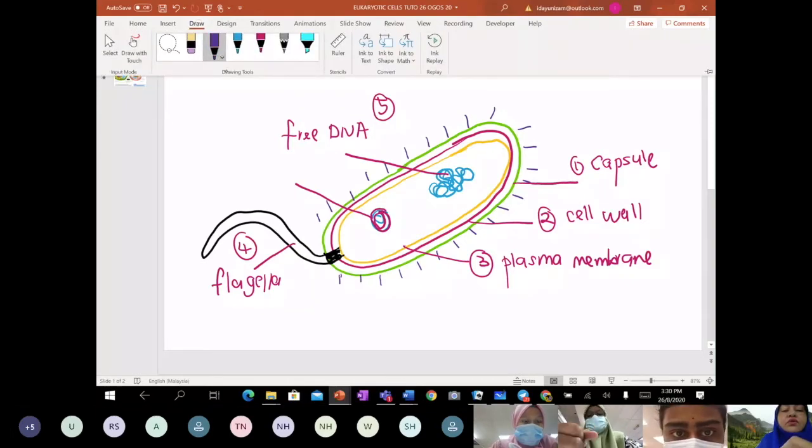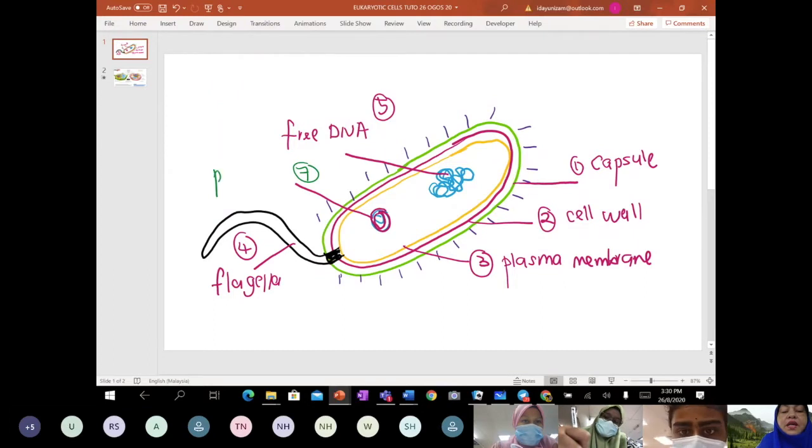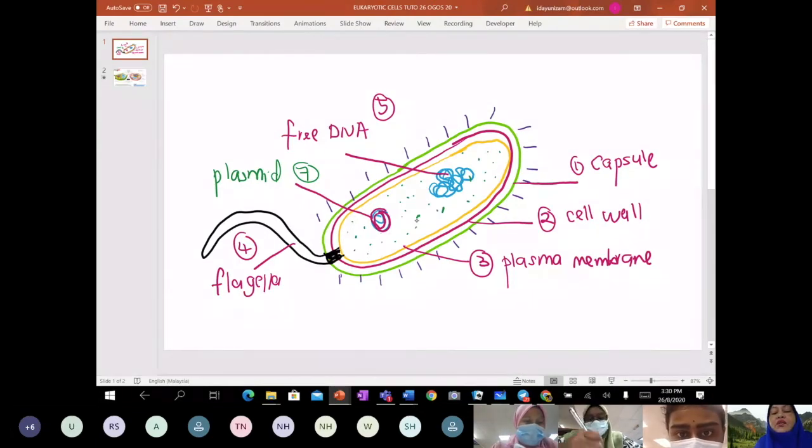So this is number 7. This is a plasmid. And then another unique thing about prokaryote. Prokaryote is actually quite simple, but it has one organelle that we also see in eukaryote.